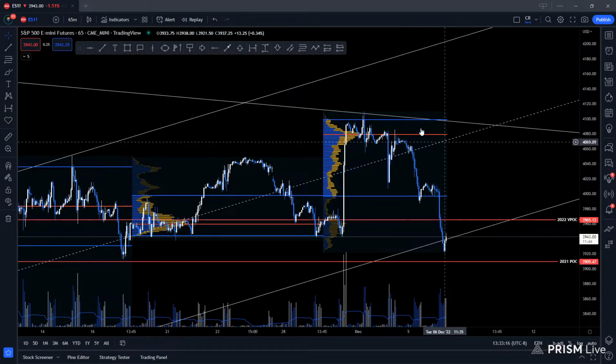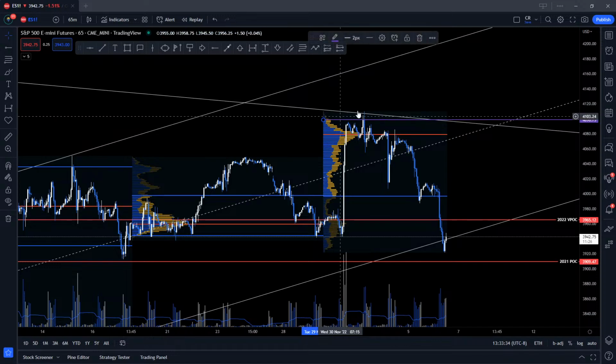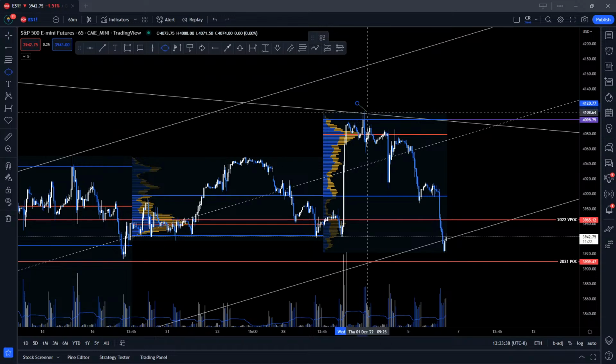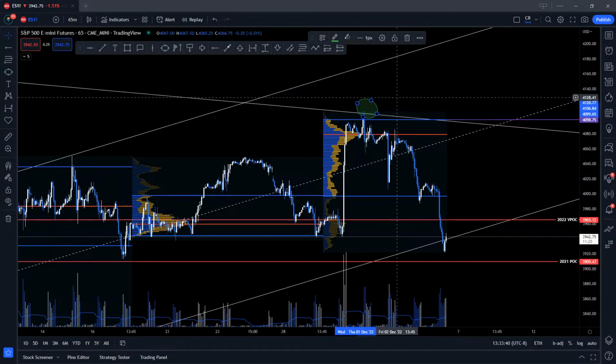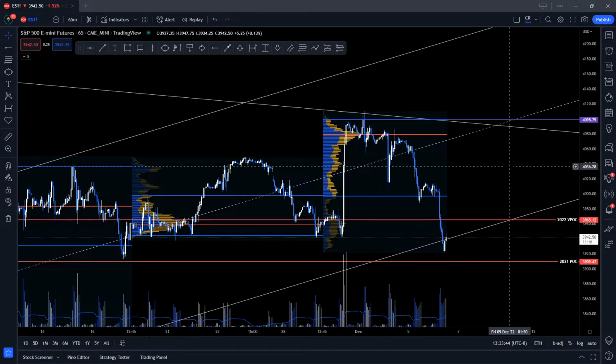All right. So, grab my value area high. And for anybody new here, we covered this level on Sunday as a short entry. Played out pretty well.